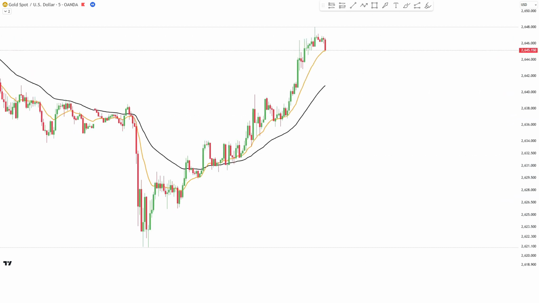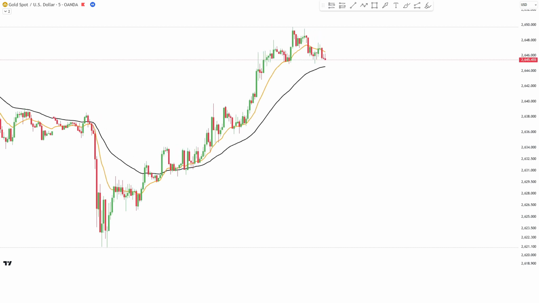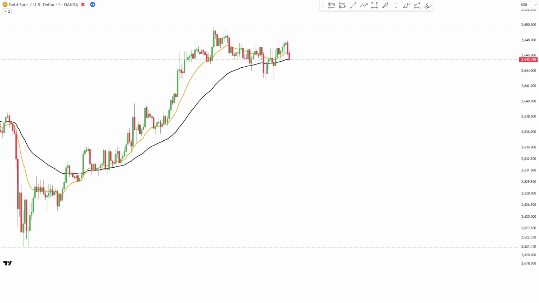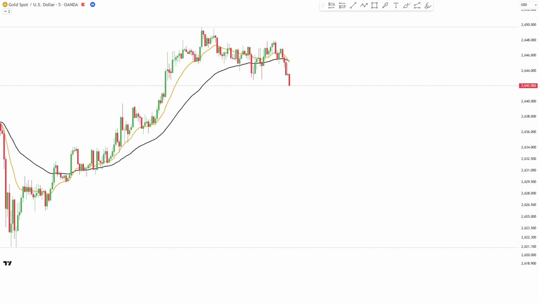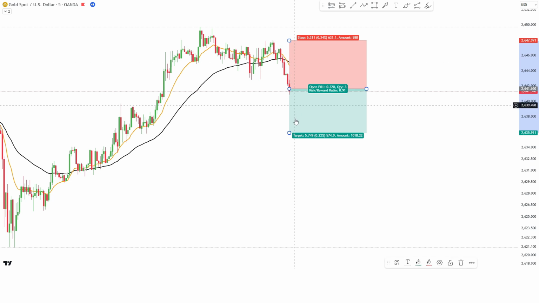If the 16-period moving average crosses the 50-period moving average downward, then we take a sell trade. Here is the sell signal confirmation. We take a sell trade here. Set stop loss at the previous high point.